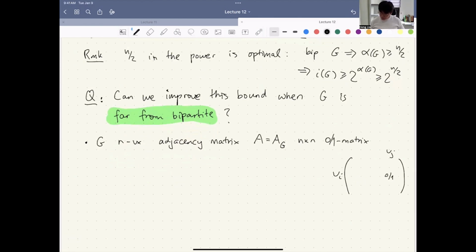So the ij entry equals the indicator function of whether v_i is adjacent to v_j.